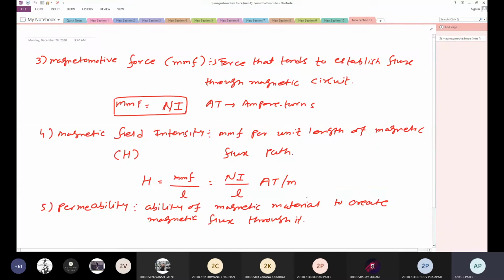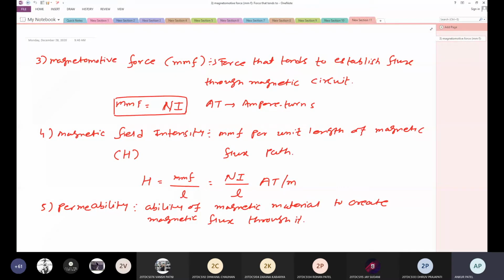When MMF is applied to ferromagnetic material, the flux produced is very large. Ferromagnetic material has the highest permeability. The flux produced is very large compared to the flux produced in air, vacuum, or non-magnetic material.